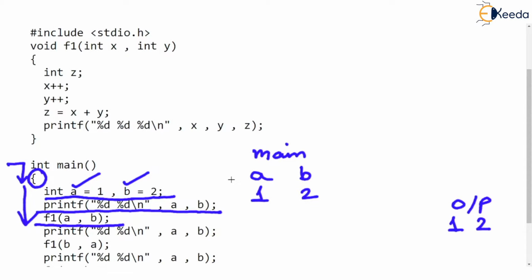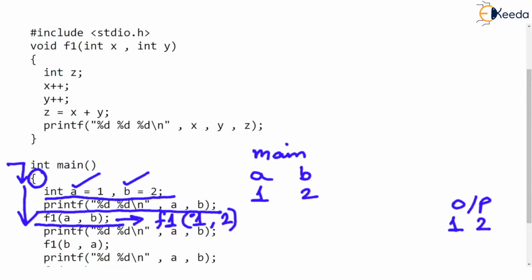You read this by saying we are calling the f1 function by passing the value of a and the value of b. Never ever say we are passing a and b. We don't actually pass the variables, but we pass the values of the variables. So this call indirectly becomes f1(1, 2), obviously because a is 1 and b is 2.